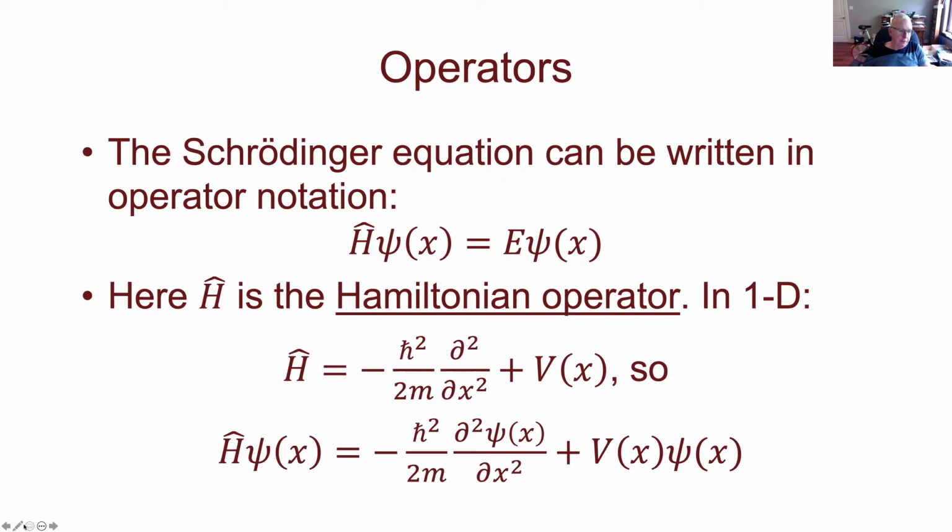If I take that H operator and have the operator act on the wave function psi, then I get back psi itself times the energy. Our Hamiltonian operator written out for the one-dimensional case looks like what's down here. In this formulation, this first term is the kinetic energy, and this piece is the potential energy.